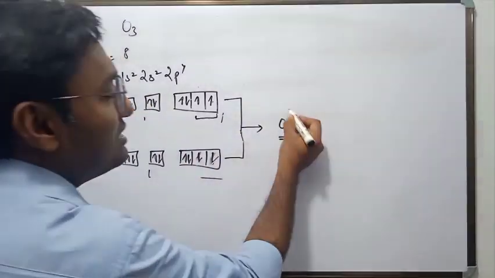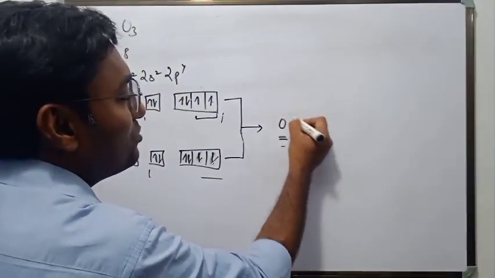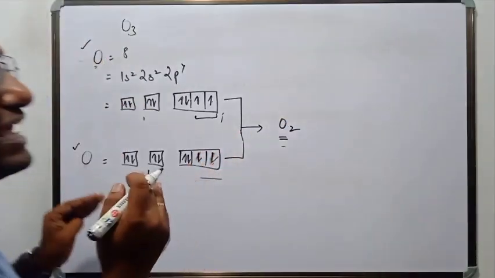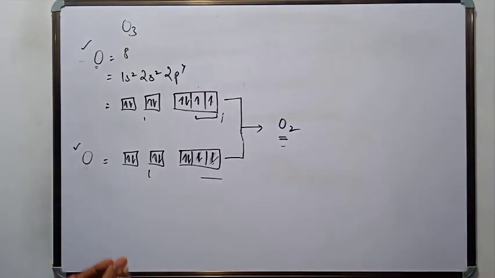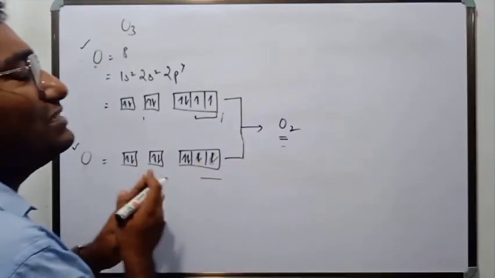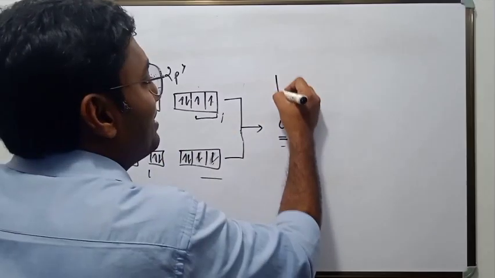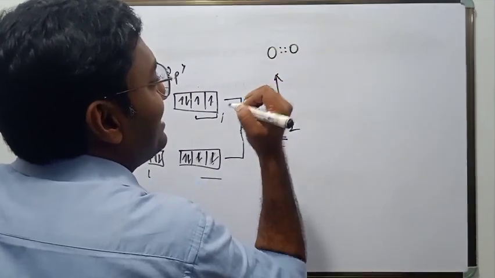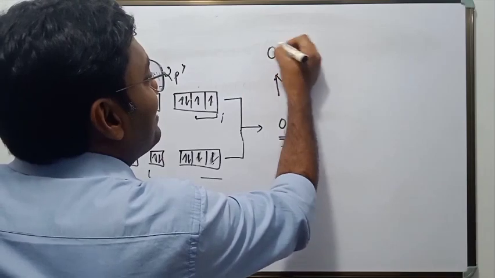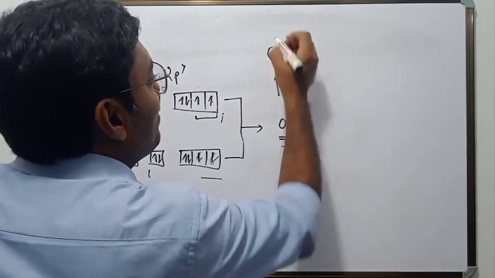The outermost shell is now like that of an inert gas. So oxygen as a molecule is of course stable. So this is what has happened: a double bond, one is a sigma bond, the other is a pi bond.